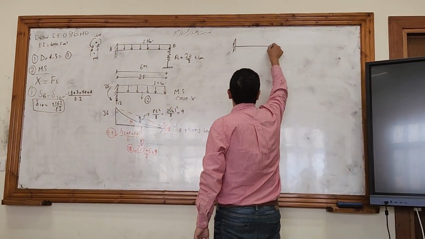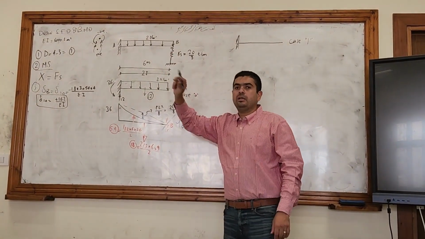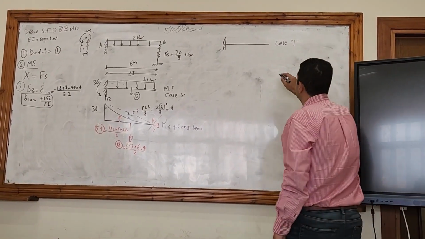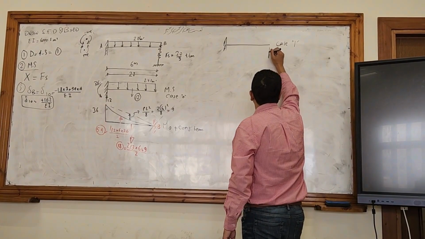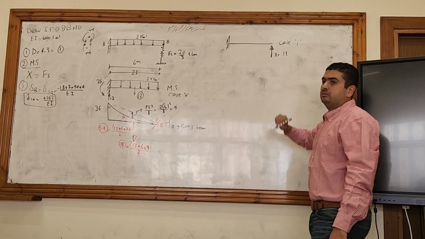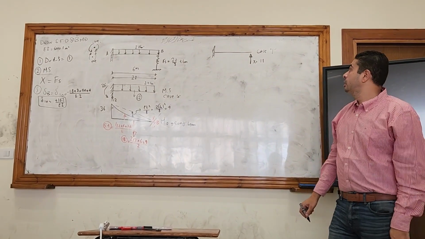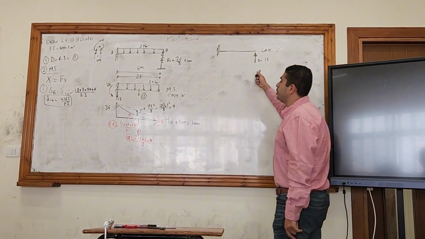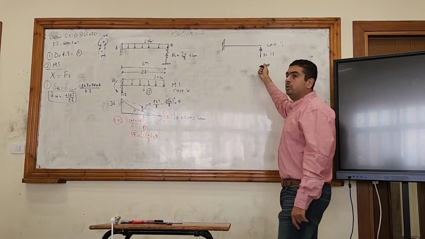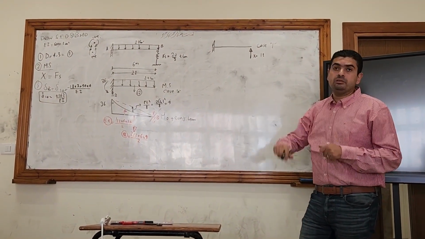I remove the spring that has a vertical force at B, so I will put a unit vertical force at B that equals 1 ton. Unit means equals 1 ton. So I am here assuming that the redundant I removed will be equal to 1 till I know the real value of my redundant.